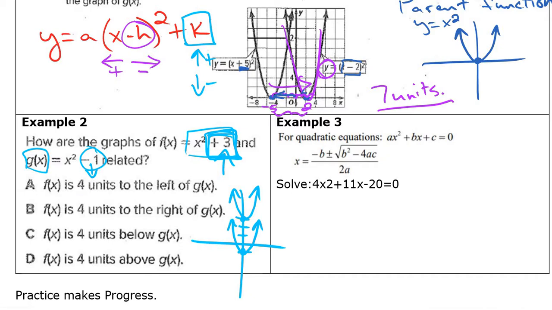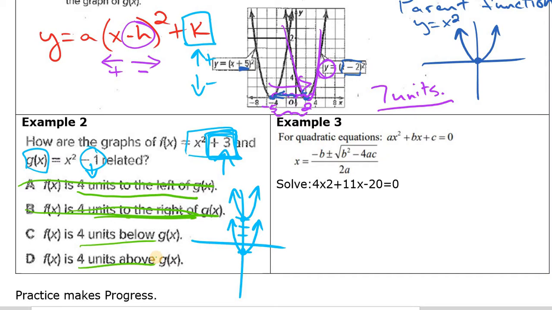So let's read our answer choices. It's 4 units to the left, f of x is. No, we did not move left or right. They weren't in the parentheses, so it's not A. 4 units to the right, not B. 4 units below or 4 units above. Now this is important, why we should label our graphs and understand which one's which. The f of x is the plus 3, so this one's f of x.